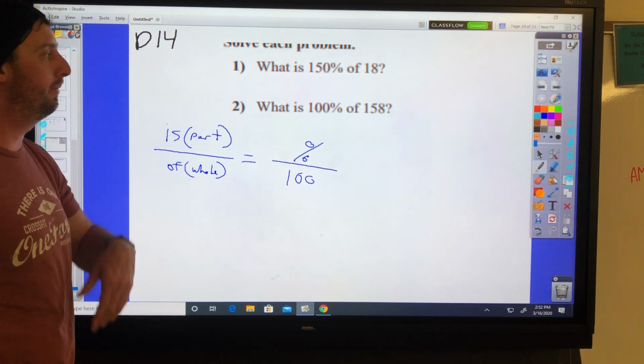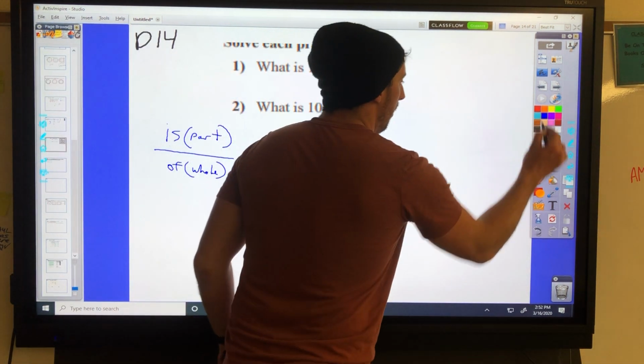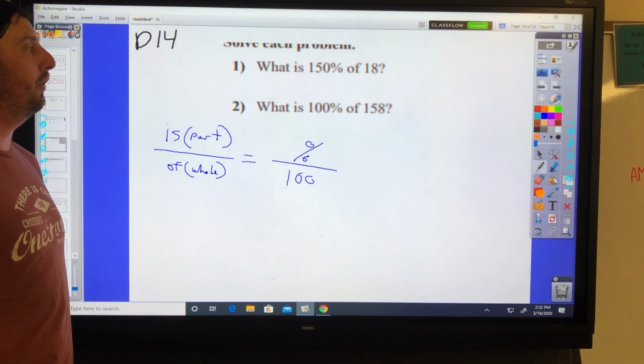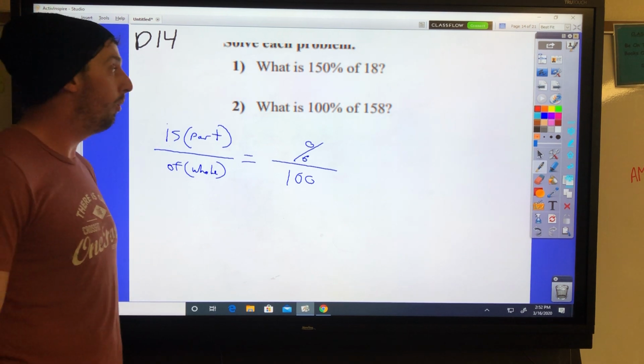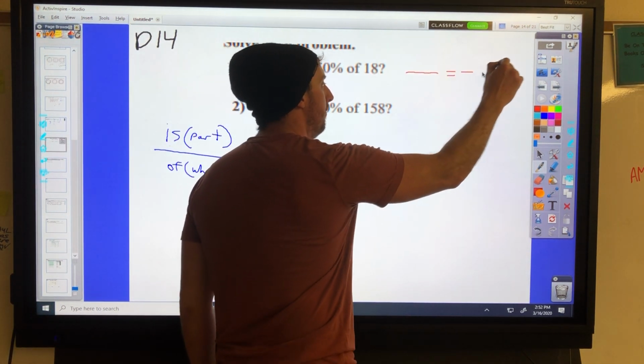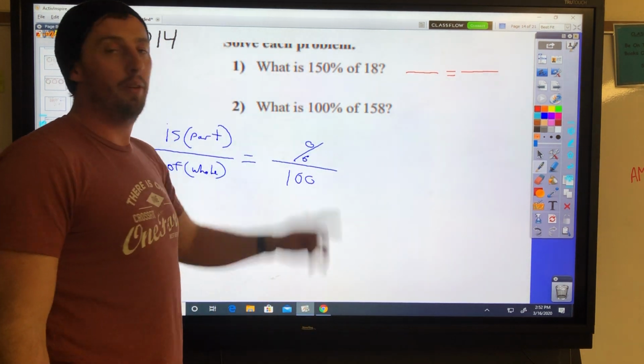So let's fill it in. Number 1, what is 150% of 18? Well, what do I know from this problem? If I was to make a blank proportion, what is? We don't know what that is.